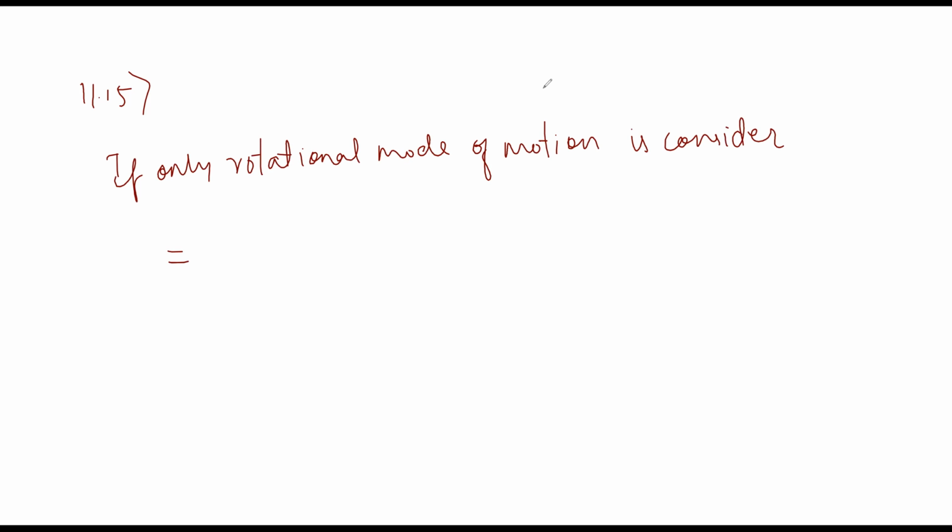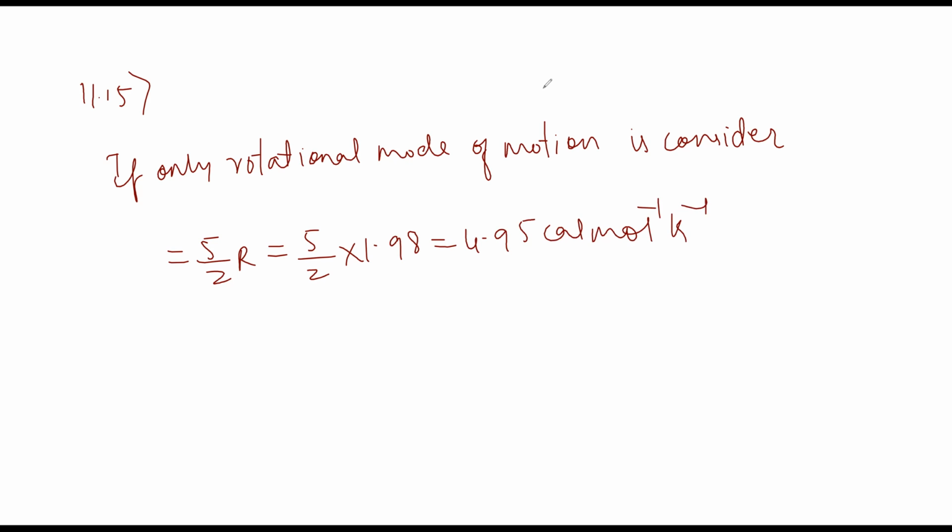If only rotational mode of motion is consider ಮಾಡಿದ್ವಿ ಅಂದ್ರ, ಅವಾಗ molar specific heat of diatomic molecule gas is given by 5/2 into R. ಇದನ್ನೇ ಯೂಸ್ ಮಾಡ್ಕೊಡ್ರಿ, 5/2 as it is ಇಟ್ರಿ, R ವ್ಯಾಲ್ಯೂ ನ 1.98 in substitution ಮಾಡಿದ್ರೆ we are getting 4.95 calorie per mole per Kelvin ಬರುತ್ತೆ.